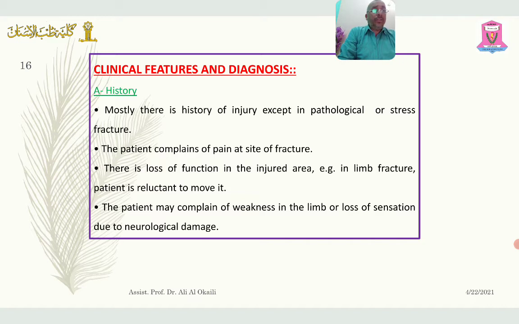There is loss of function in the injured area. In a limb fracture, the patient is reluctant to move it, because of severe pain on moving it. The patient may complain of weakness in the limb or loss of sensation due to neurological damage.